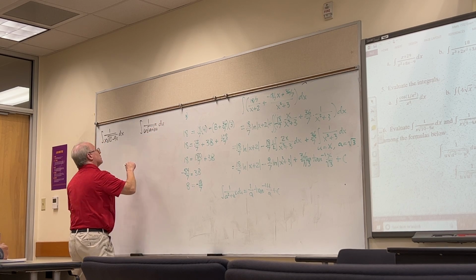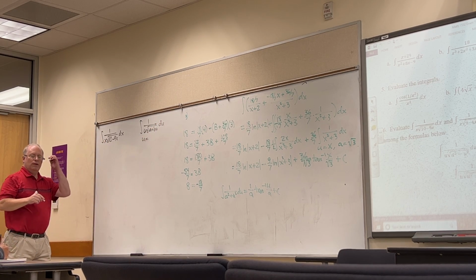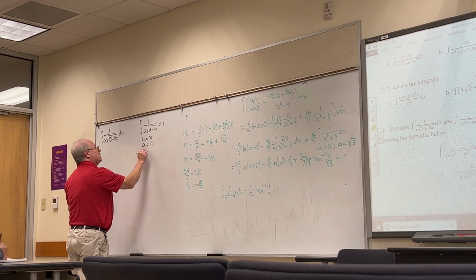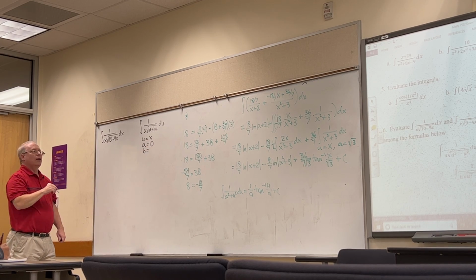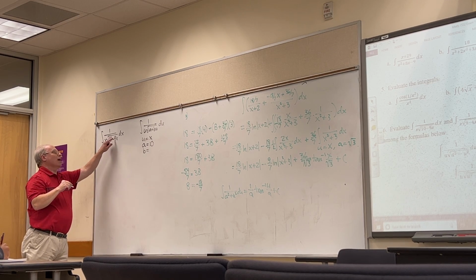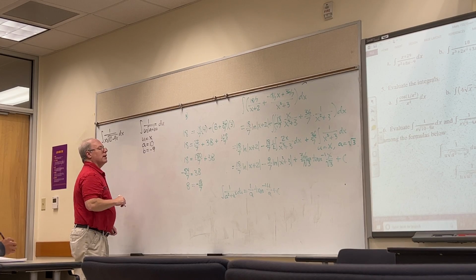So in this particular integral, what's u? Right, u is x. What's a? Yeah, a is 10, and what's b? Well, it's negative 9 because it's minus 9x. All right.